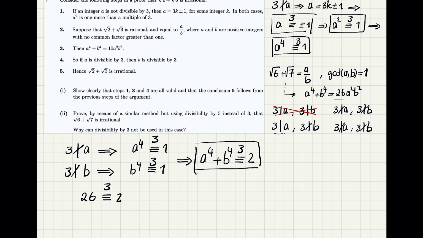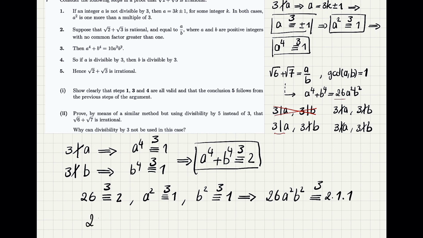So this is a true statement. On the other hand, a squared is congruent to 1 modulo 3, and the same thing for b: b squared would also be congruent to 1 modulo 3. So if I multiply all of them side by side, then I get 26 a squared b squared is congruent to 2 times 1 times 1 modulo 3.